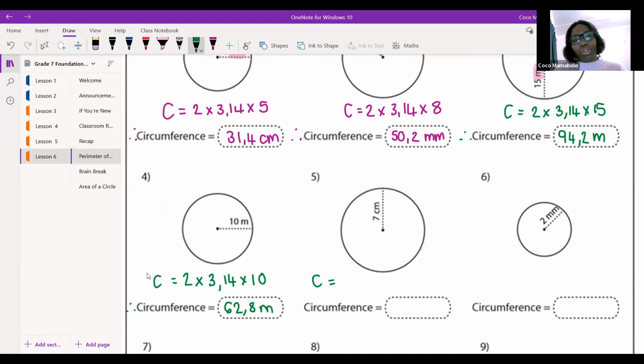My next one. Circumference is equal to 2 times 3,14 times 7. Therefore, guys, the answer to number 5 in the chat for me, please.